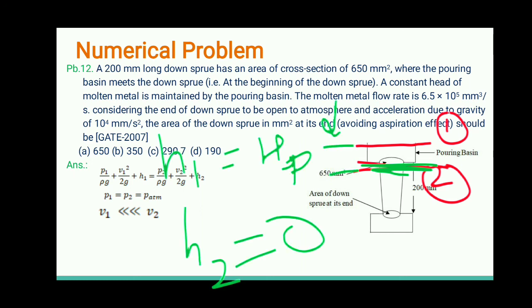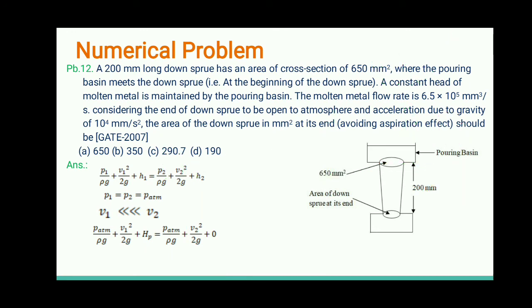The cross sectional area at the pouring basin, at the initial level, is very large compared to the cross sectional area of 650 mm square. So the velocity at this first section is almost negligible, equivalent to 0. When you put all these values into the formula, it will be P atmospheric by rho g plus V1 square by 2g plus HP, that is the total height H1 from this datum level.